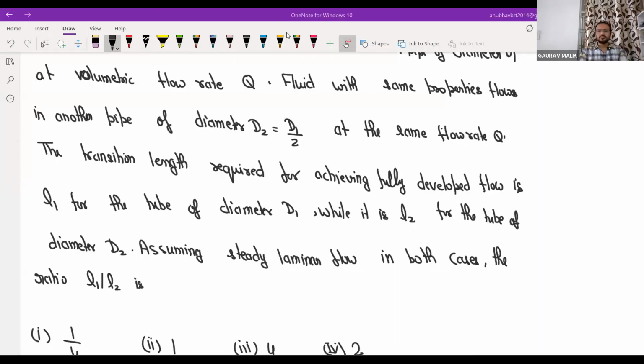Which one is correct one? 2 marks. Option 4. If you are thinking that in GATE some questions are easy, it means there is some trap.